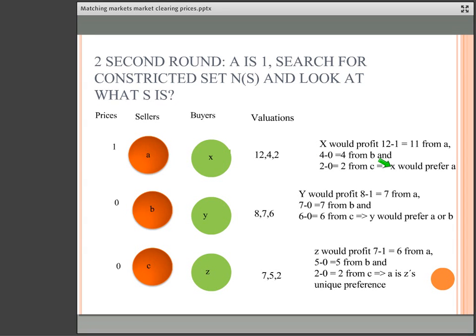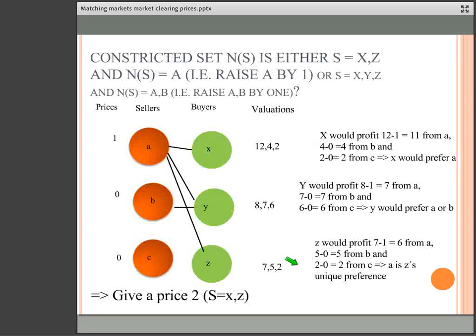X would still prefer A, and you can do all the calculations here, and you find that Y would prefer A or B, and then Z has his unique preference, A. If you draw the preference lines, this is the picture you come up with.